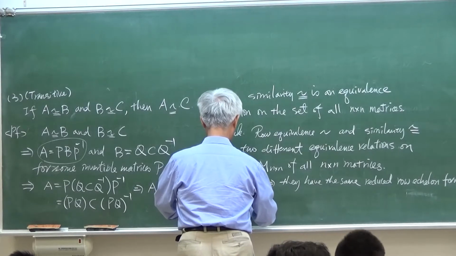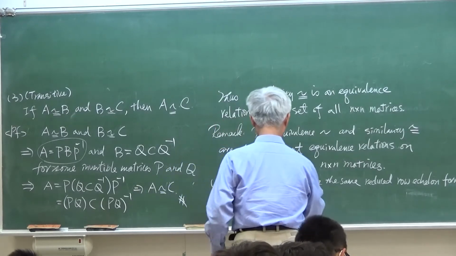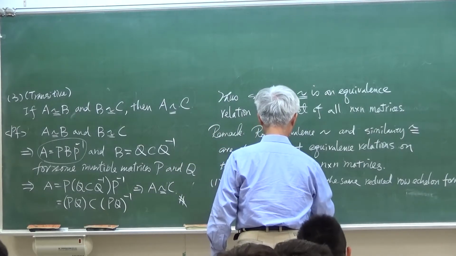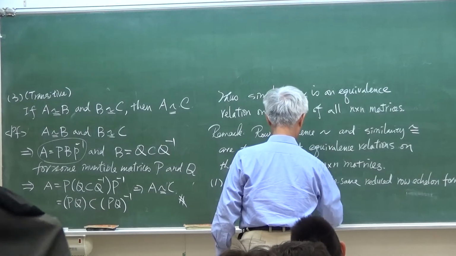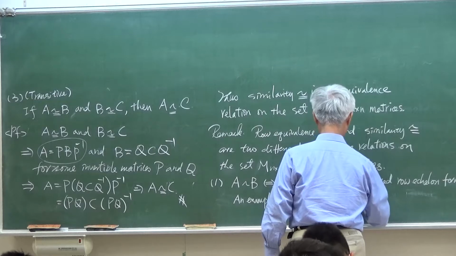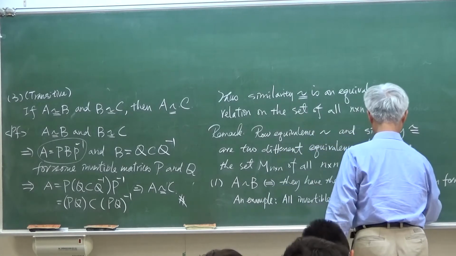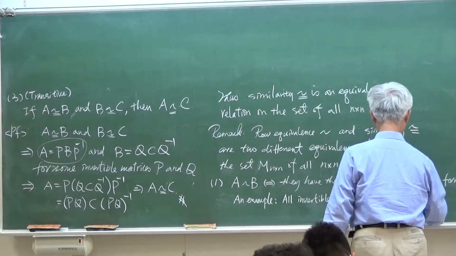An example: all invertible n times n matrices are row equivalent.